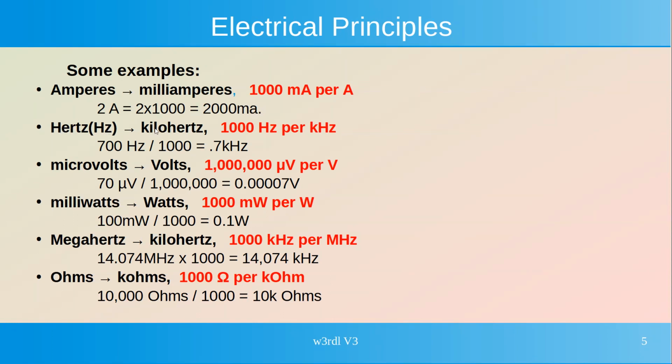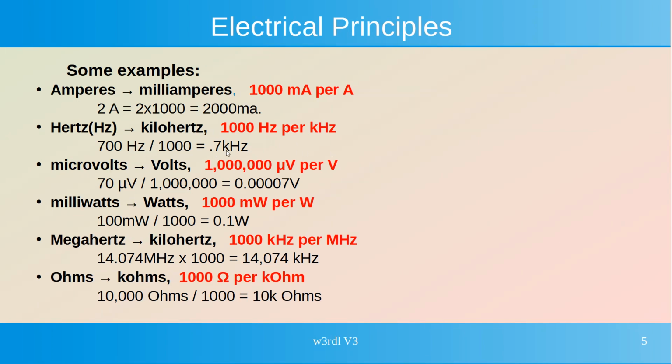If I wanted to go from hertz to kilohertz, there's 1,000 hertz in a kilohertz. In this case, I'm dividing 700 by 1,000 to get 0.7 kilohertz, because hertz are smaller than kilohertz.